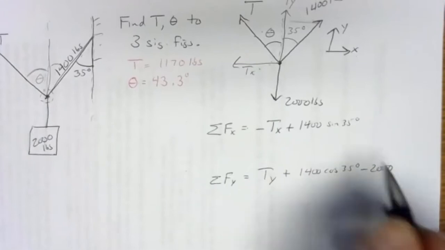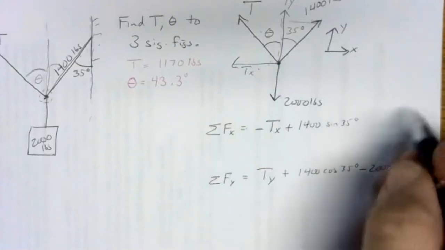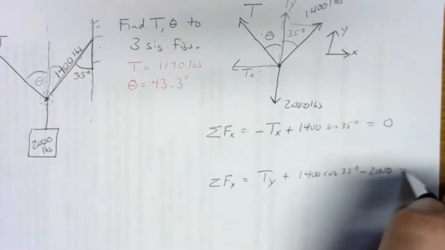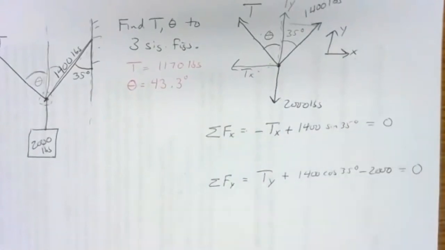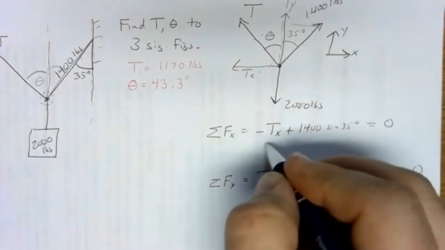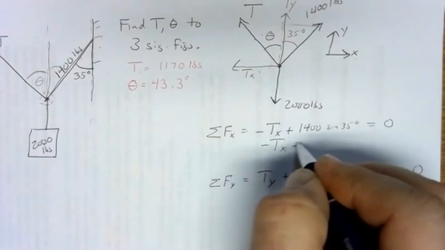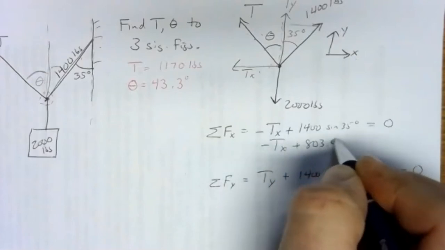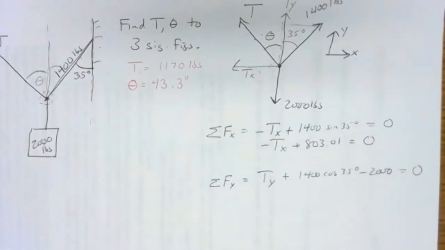Now, since this point is in equilibrium, these sums must equal 0. So the x direction equation we can solve right away if we crunch the numbers down a little bit. 1,400 sine of 35 is 803.01. So we have minus Tx plus 803.01 equals 0.